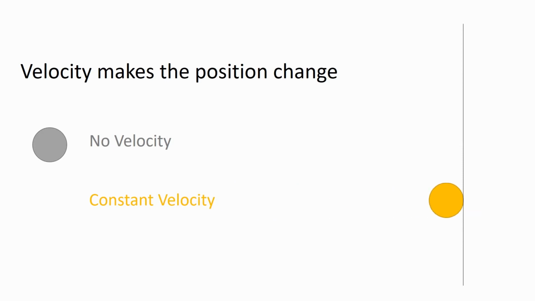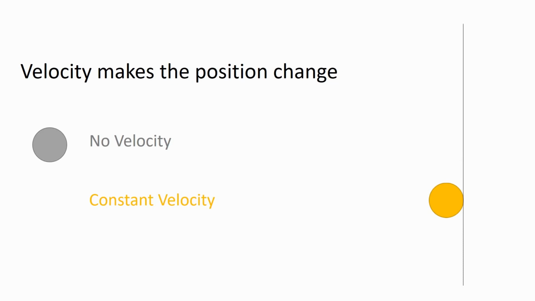Remember that the speed is the magnitude of the velocity vector. So the velocity vector is the speed going at a certain direction. So my velocity here would be 10 miles per hour to the right, or 1 meter per second to the right, or whatever speed that actually happens to be.